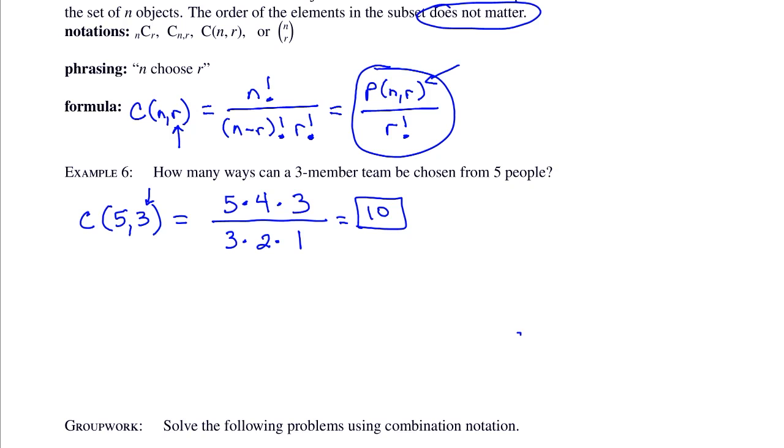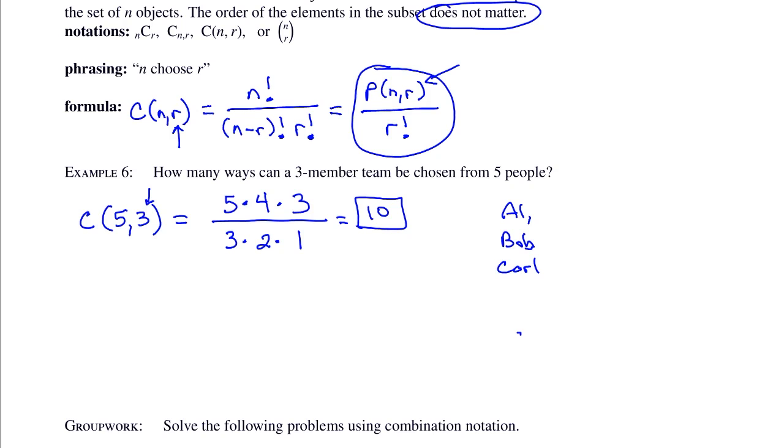And that's the same thing that happened here. We had 5 choose 3, so we started with 5, and we went down to the 3rd number. So 5, 4, 3, and then we divided by 3 factorial. In this example, suppose I choose Al, Bob, and Carl.